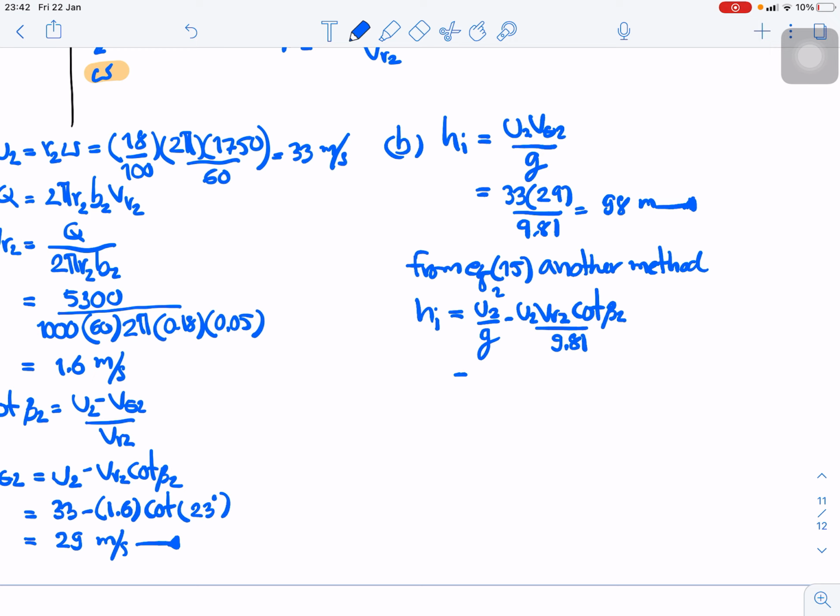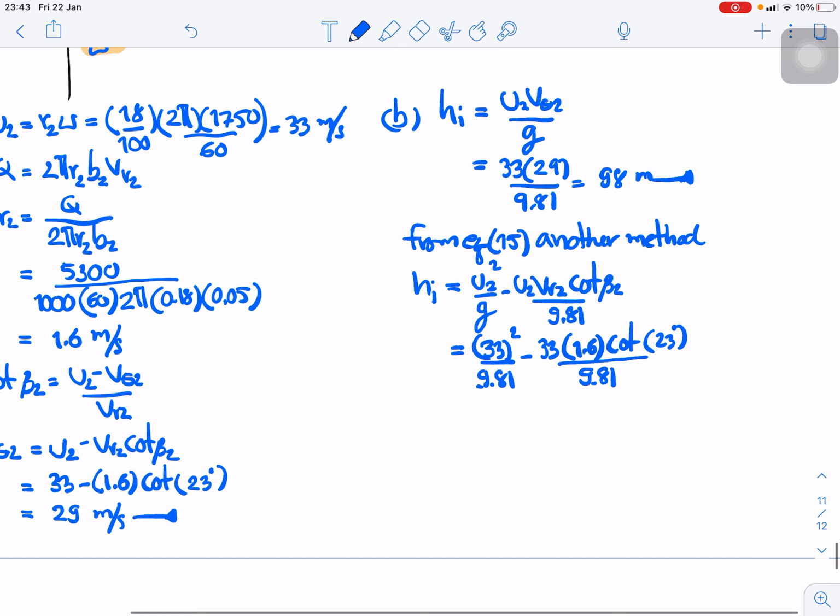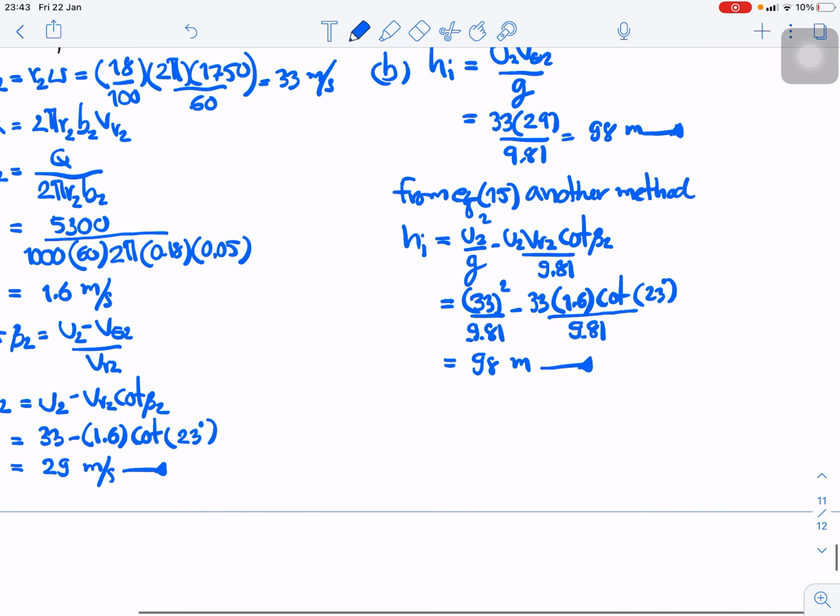Okay, so we substitute in, and we got the same head rise based on another equation.